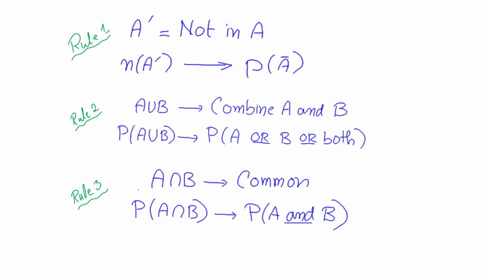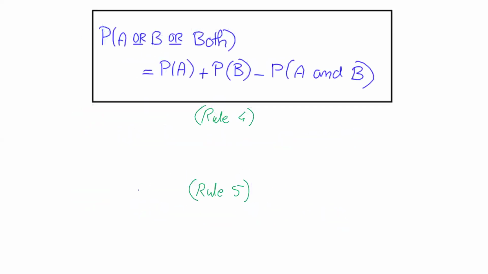Good. Now, probability of A or B or both. This is a rule, again coming from sets. When the examiner says find the probability of A or B or both, it is probability of A plus probability of B minus probability of A and B. You have to copy this.